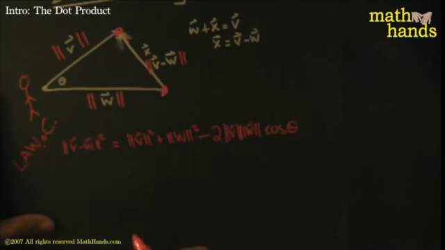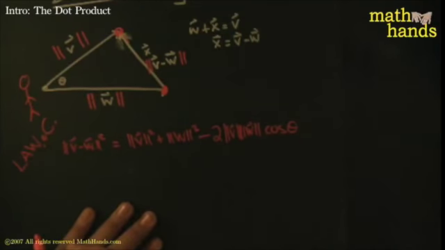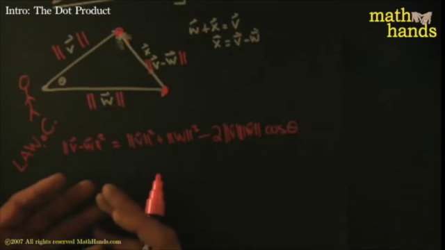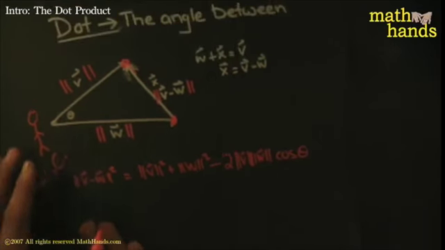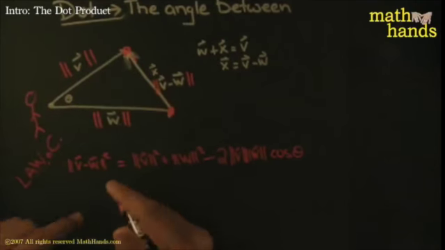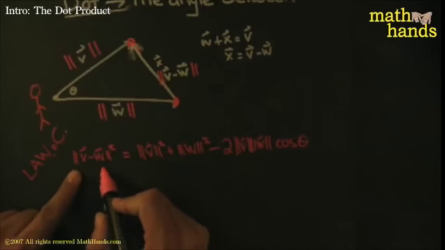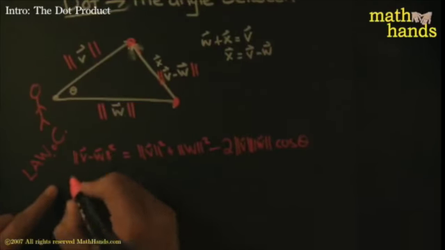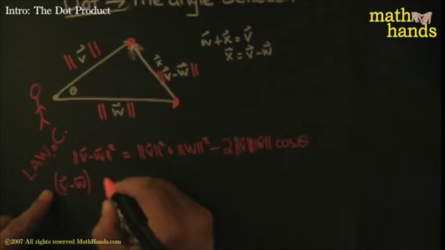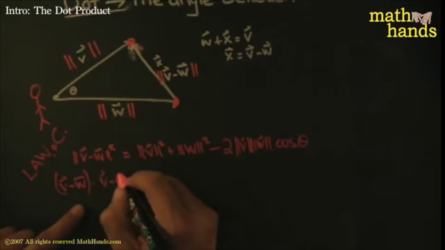Now suppose I, at that point, abandon the vector idea and go strictly for the sizes of each of the sides. Then the size of this side will be the norm of v, and this side will have the size of v minus w.